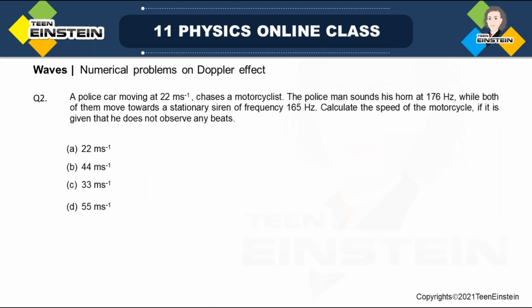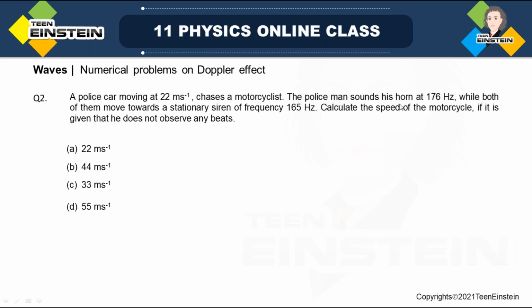So what is this next question saying? The next question is saying a police car moving at 22 meter per second chases a motorcycle.